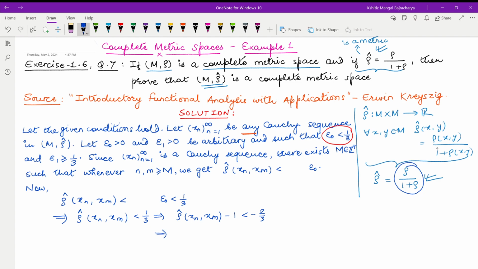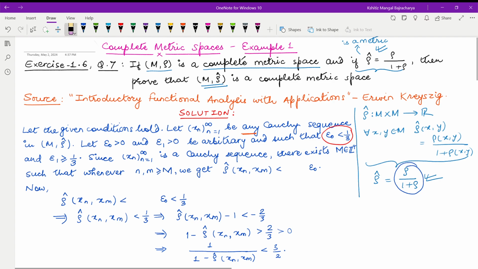So 1 minus ρ'(xn, xm) is greater than 2 over 3. This obviously means that it's positive, so we can take the reciprocal and obtain 1 over (1 minus ρ'(xn, xm)) to be less than 3 over 2, due to non-negativity.